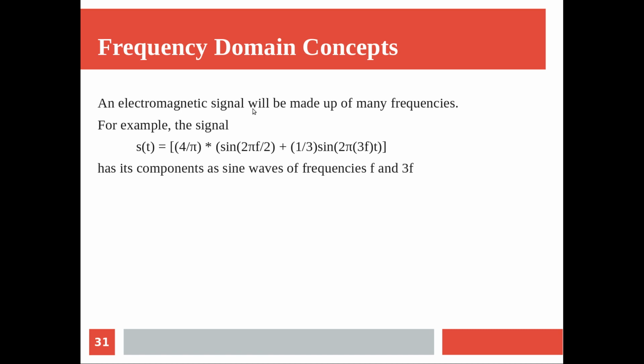So an electromagnetic signal will be made up of many frequencies. That means there will be some kind of addition happening over sine waves with different frequencies to get a new wave. So that is how different signals are generated.